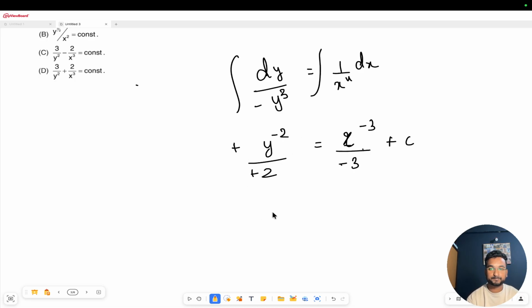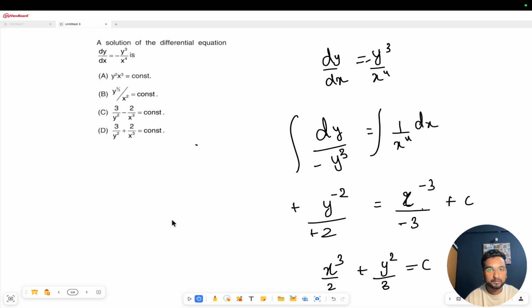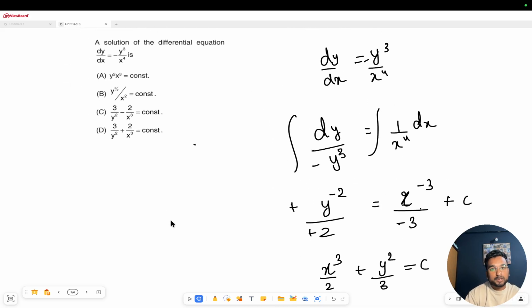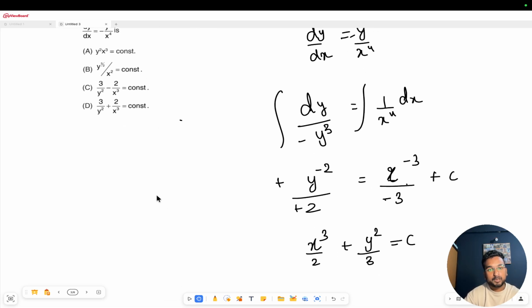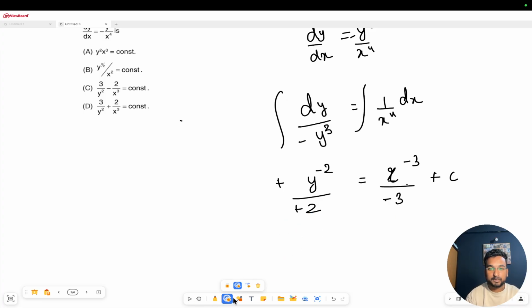to the left hand side. What will you get? x cube by 2 plus y square by 3 equals c. So I did it upside down. Wait, what silly mistake I am making.